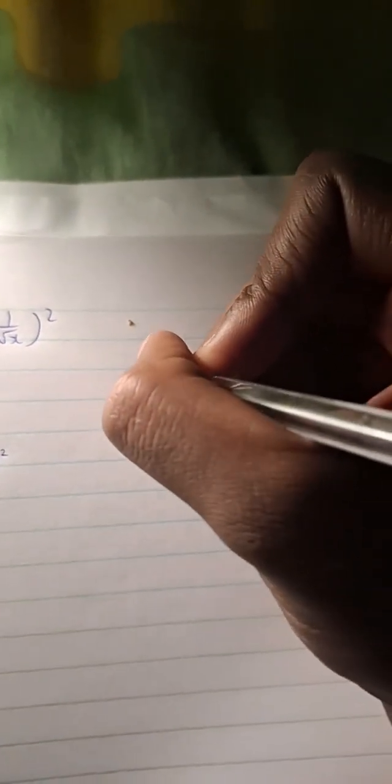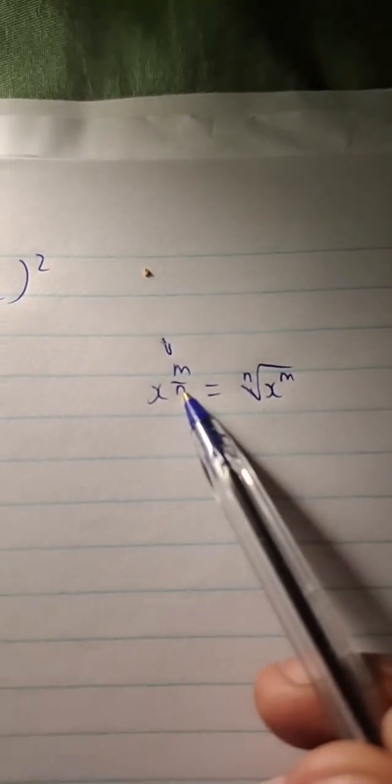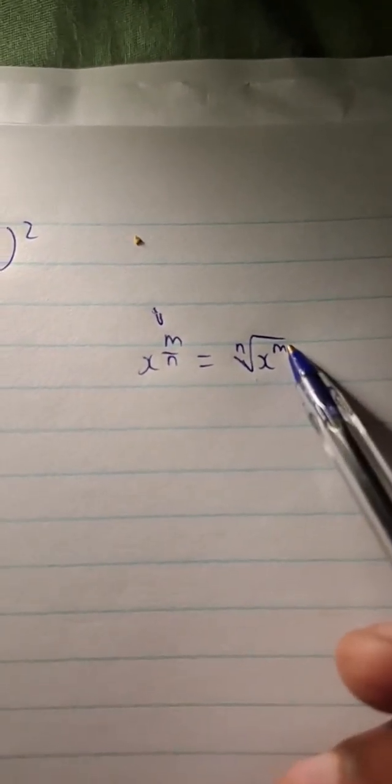It went like this: x to the power m over n can be written as x to the power m, the nth root. The denominator of your rational exponent belongs here. The m is the current exponent.